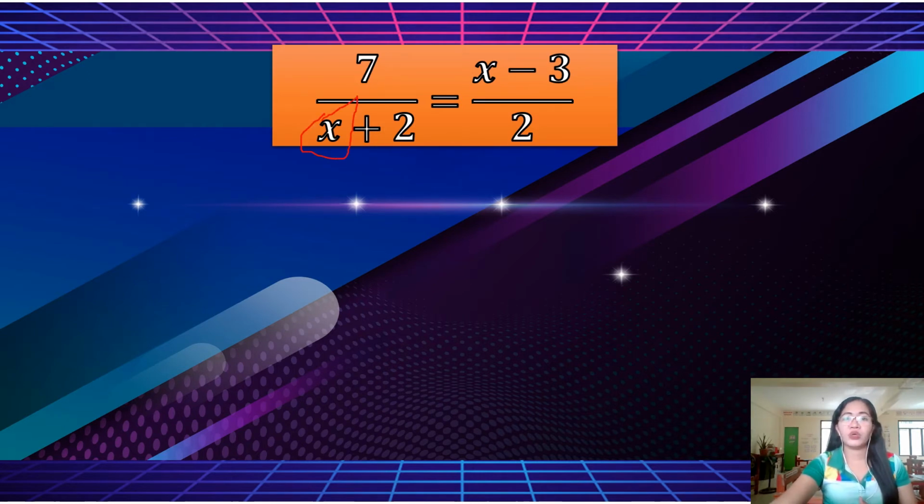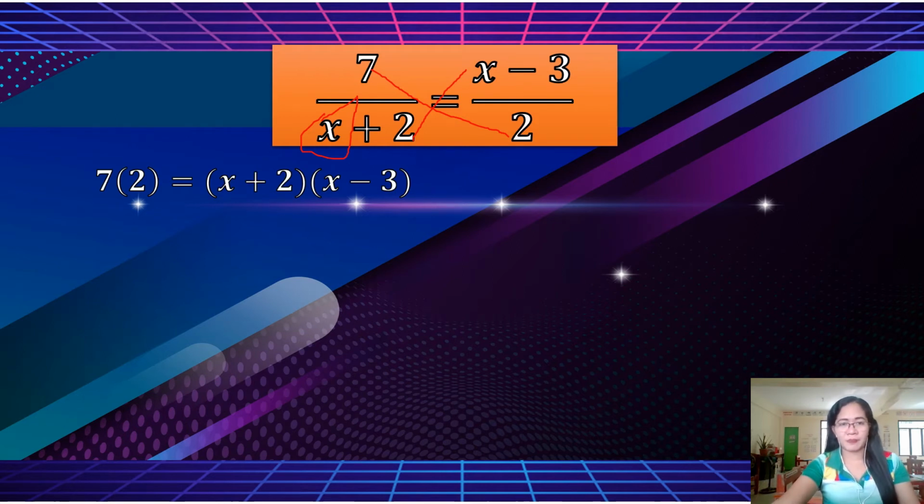So we are going to cross multiply 7 times 2, and the product of x plus 2 and x minus 3. That is cross multiplying.